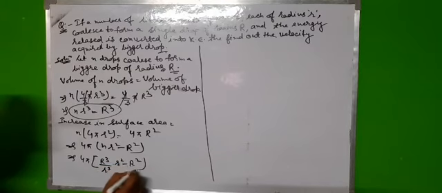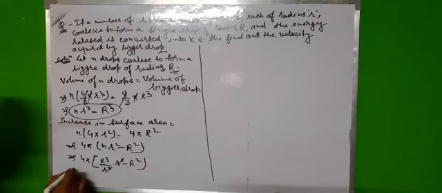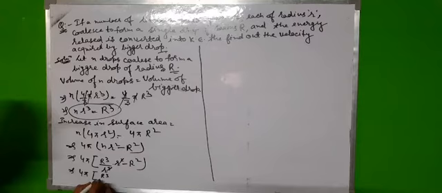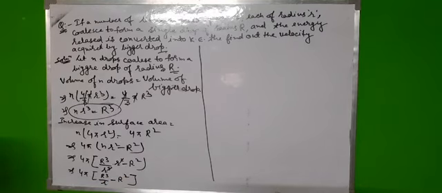minus r square. R squares cancel out, and it will be equal to 4 pi r cube upon r minus r square.